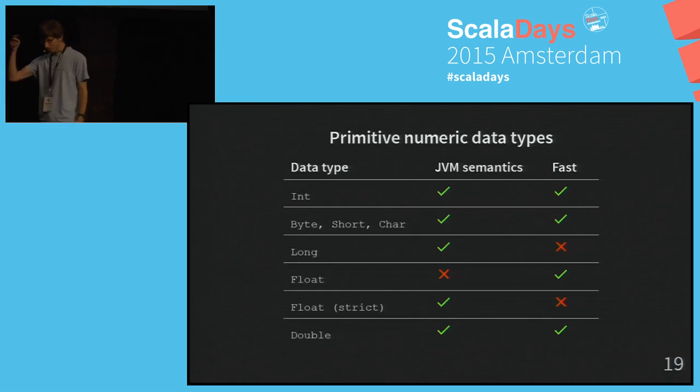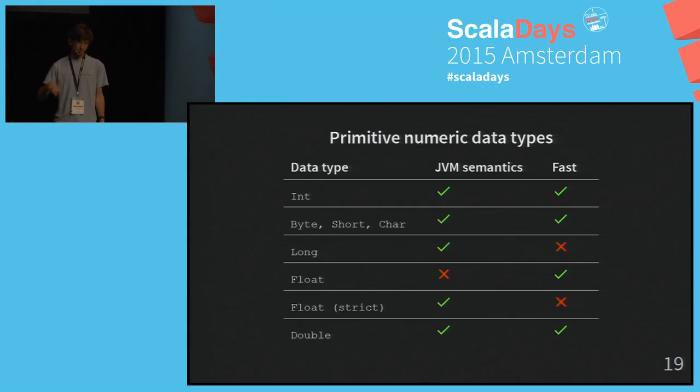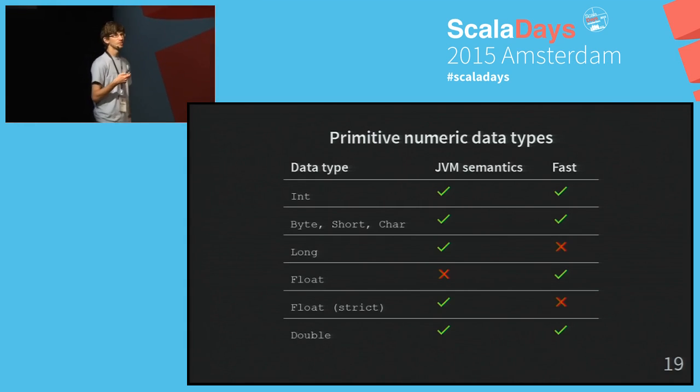So for the other numeric types, I won't go into so many details, but this is the summary of it. So you also have correct and fast bytes, shorts, chars and doubles. Then the longs, they're correct, but they're implemented with a class with methods for all the operations, so they're quite slow. So if you need performance, avoid longs at all costs.